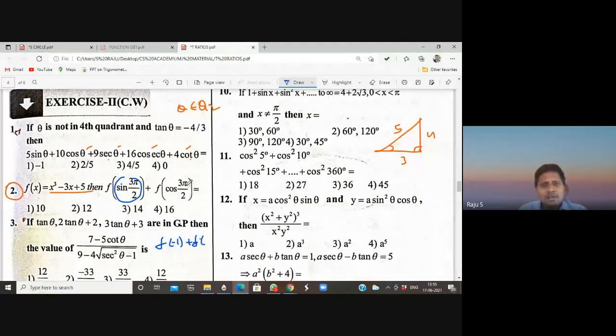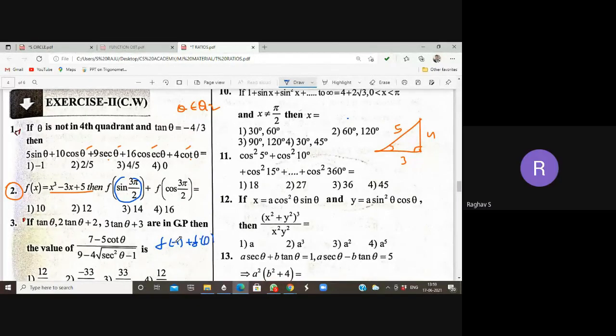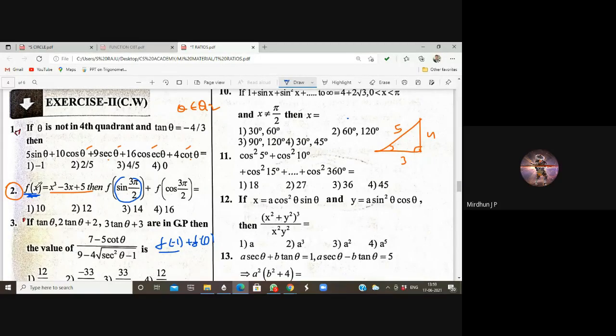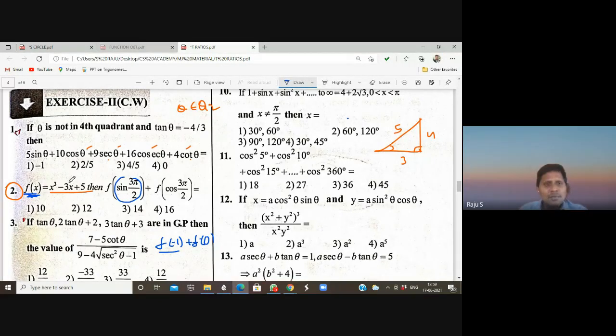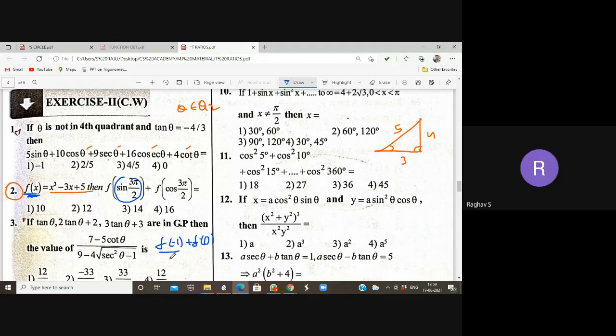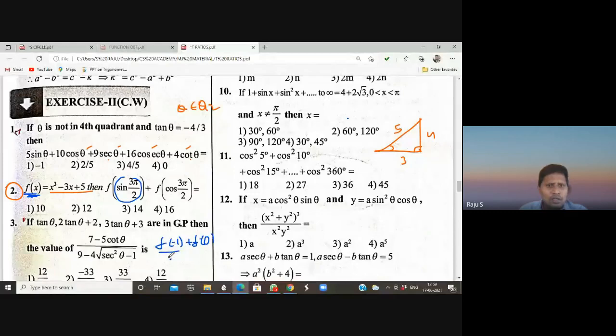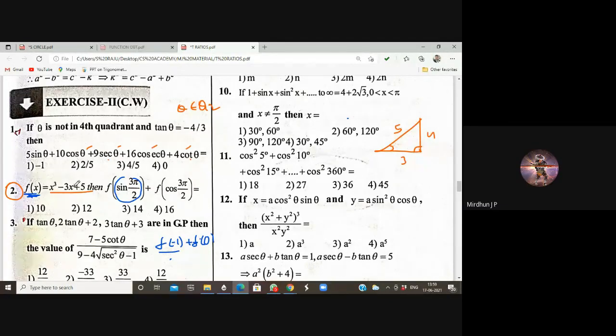What is cos 270? 0. See, f of x is already given. Is it difficult to find f of -1? Substitute x by -1. What is the value?